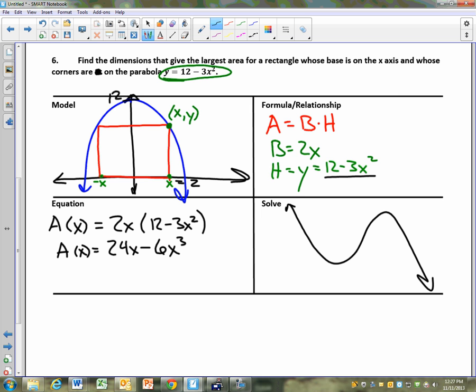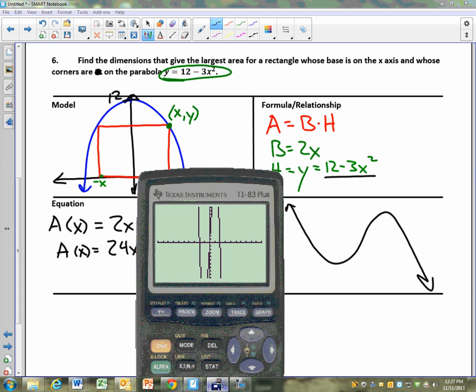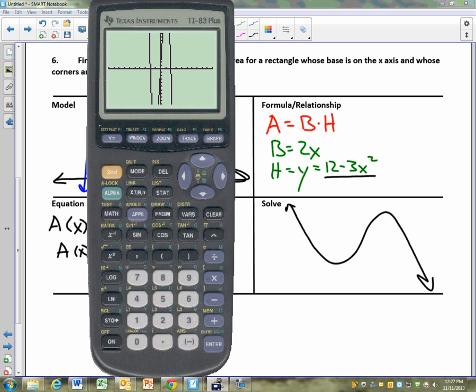Question. Go ahead. Did you press zoom 6? You probably put a squared instead of a cube. You didn't put an X in. So you got 24, you got 24X.